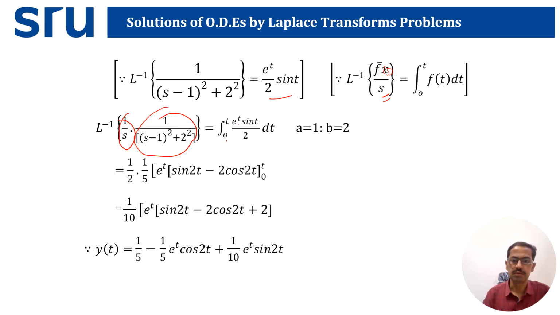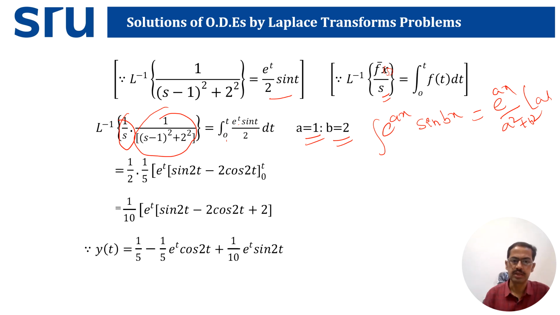Here it is in the form of e power ax sin bx, and the integration formula is e power ax by a square plus b square into (a sin bx minus b cos bx). Here a is equal to 1, b is equal to 2, and the integral is from 0 to t. This is a formula, right?